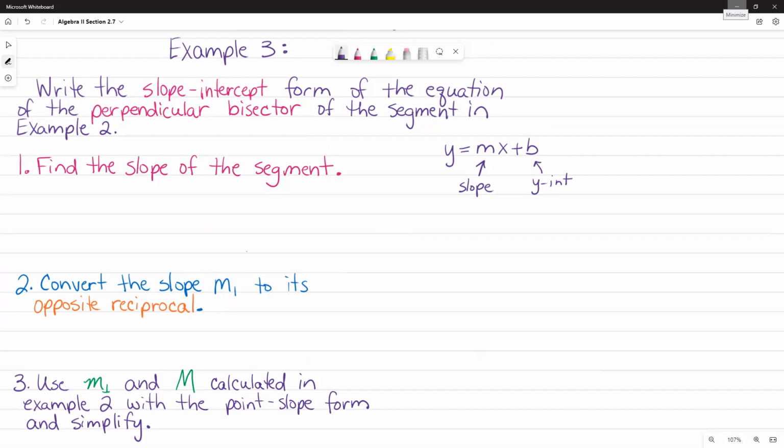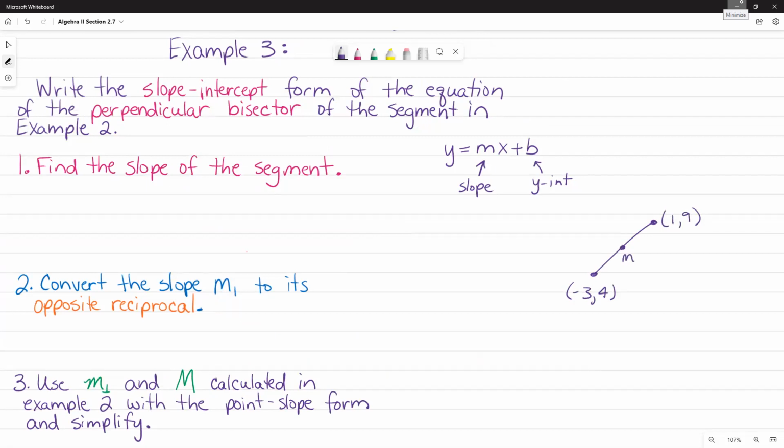I'm going to kind of recreate it. So this was our line segment from example 2 above, where we had point (-3, 4) and (1, 9) and we were finding the midpoint. The midpoint was right here, which we calculated.